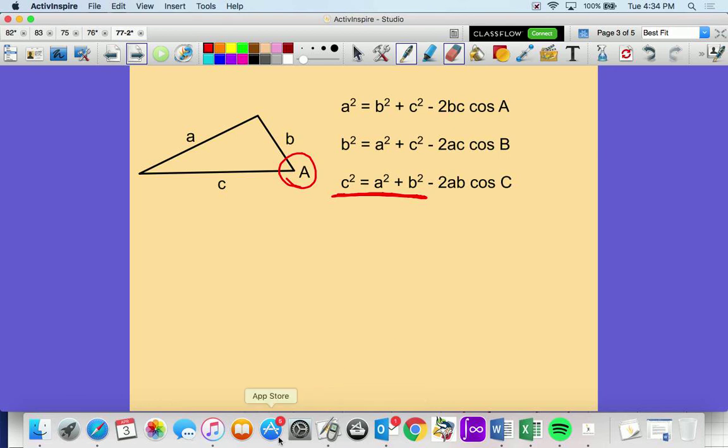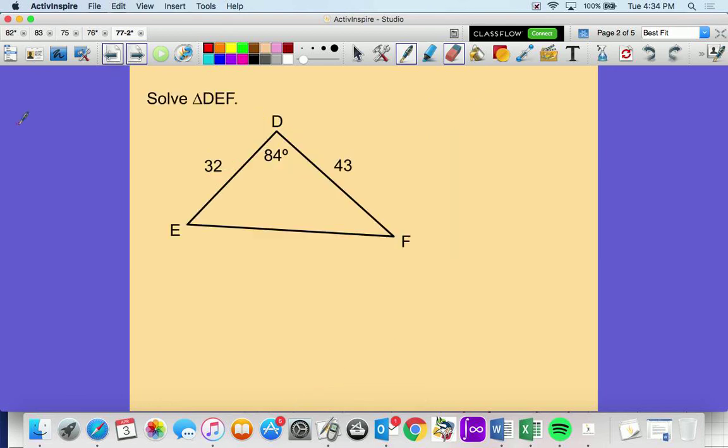So let me show you what that looks like back here on this one. We've got 2 sides. We need to figure out what the third side is.